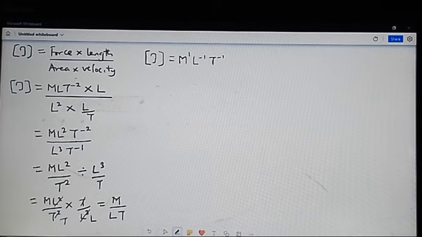Then let us look at another physical quantity, moment of a force. How do we express the dimension for moment of a force? Moment of a force is equal to force times perpendicular distance.